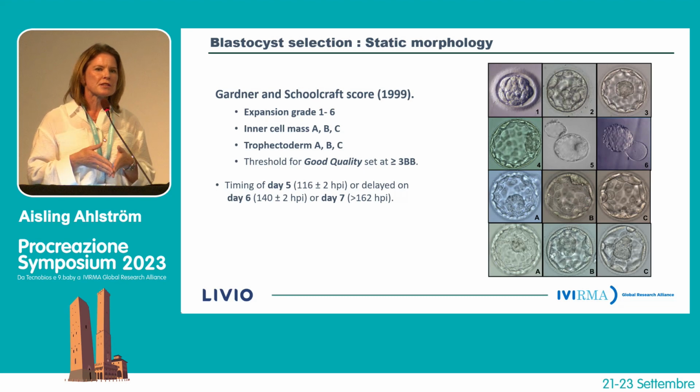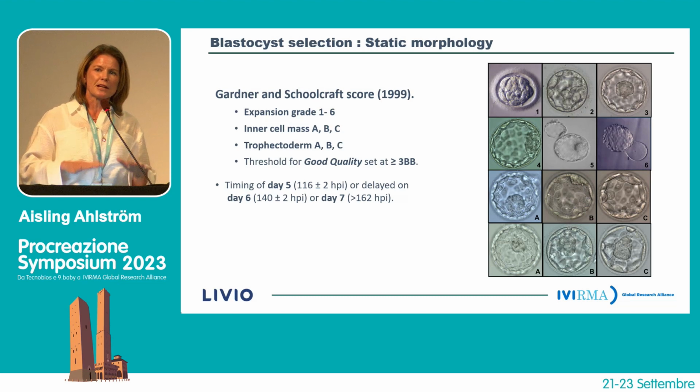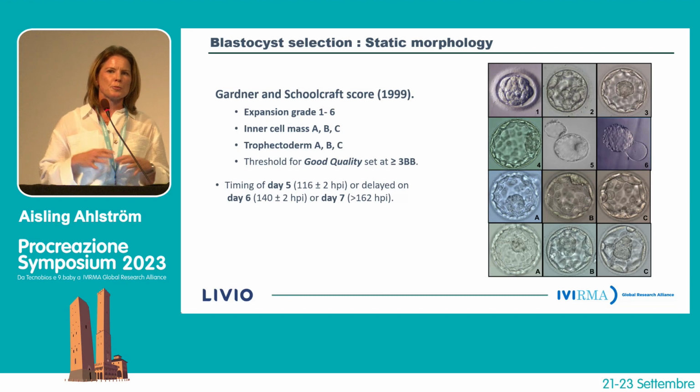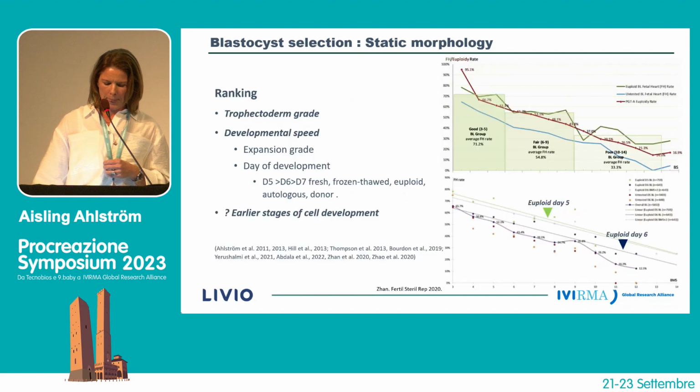And if we do it at specific times, we get even more information about how to rank these embryos. Of course, we've set a threshold for good quality at 3BB, but we know that threshold is being lowered today, from the work of Dean Morbeck and even Danilo, showing that borderline blastocysts also have potential for our patients.